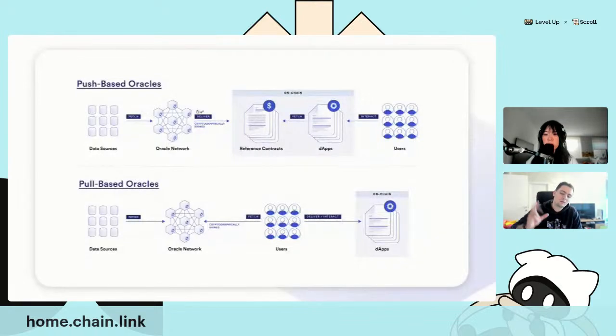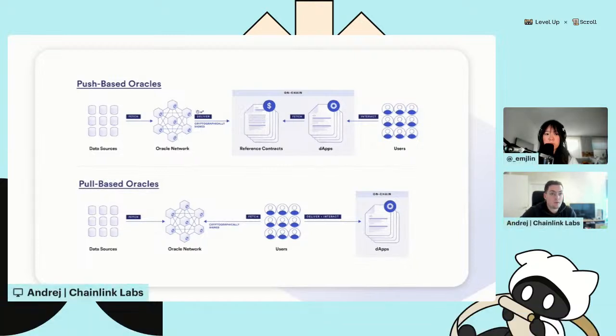On top of this diagram are essentially the traditional price oracles, where Oracle networks constantly fetch price data from various different price sources, calculate them constantly, and reach consensus on those prices.